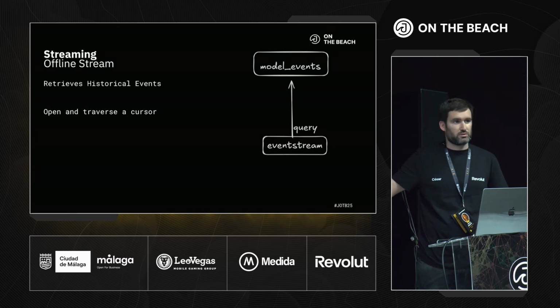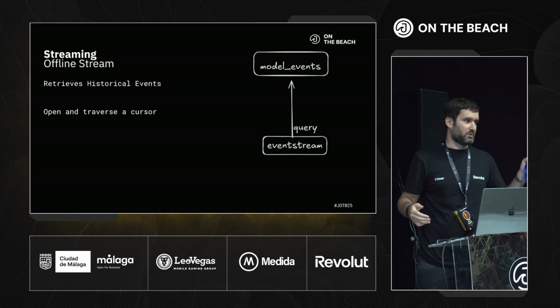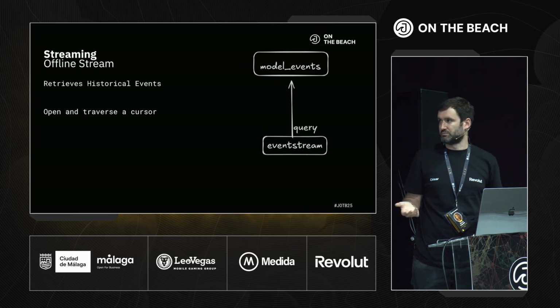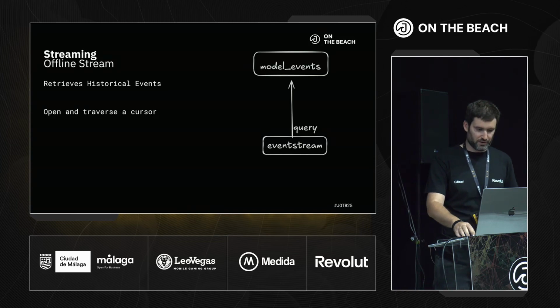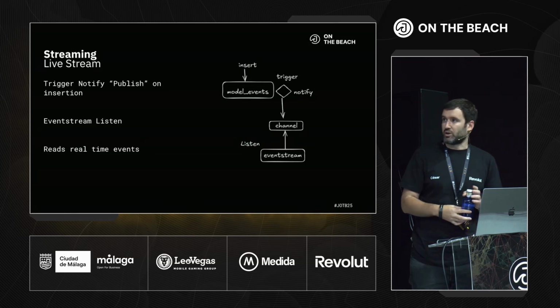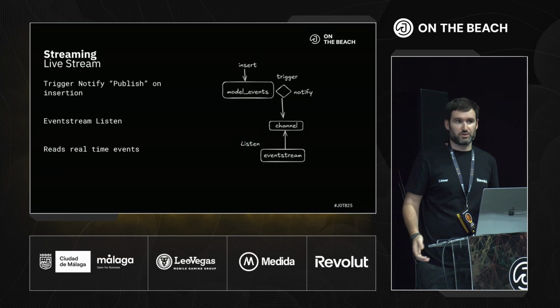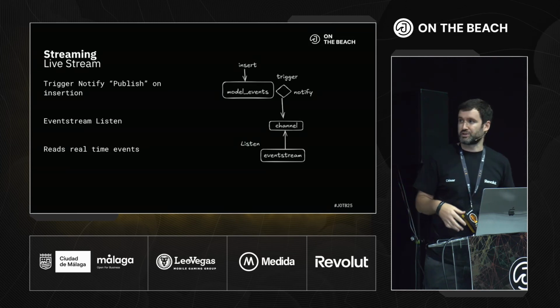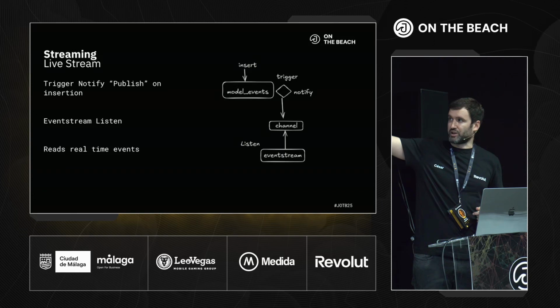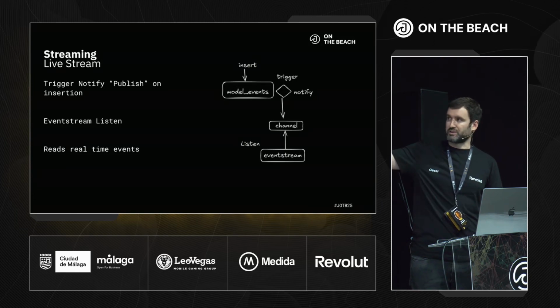For the offline stream, I would say it's quite straightforward, it's kind of boring. We just open a cursor and say, give me the data between X and Y, and that's it. Nothing fancy there. For the live streaming, we leverage one technology called Postgres NOTIFY/LISTEN. It's kind of like an internal pub/sub built within Postgres. So we have a trigger whenever an event gets stored into this model events table.